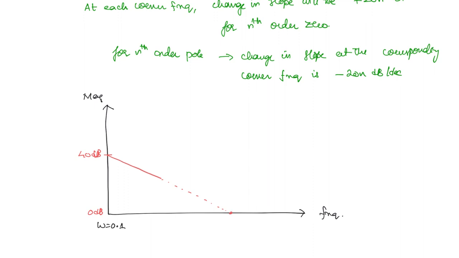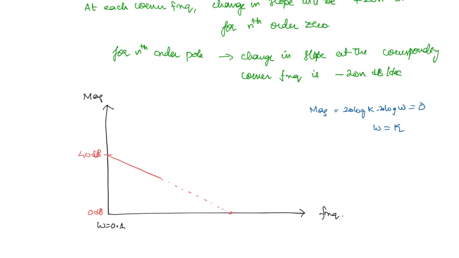Now whether the lowest corner frequency will be before this point or after this point, we have to first find that out. So what is the magnitude? This is given by 20 log k minus 20 log omega. Now you want this to be 0. At what frequency will it reach 0 dB? This will be equal to 0 when omega is equal to k.